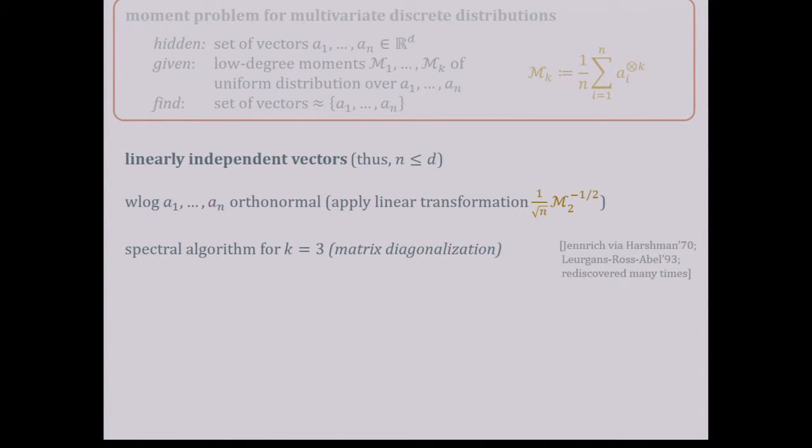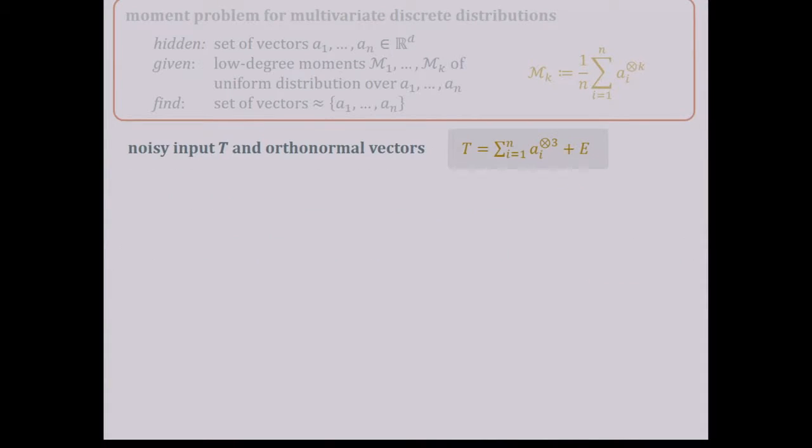And in this case, you can solve the problem as well as you could hope for. It turns out that the first 3 moments are indeed enough. There's a very simple spectral algorithm based on diagonalizing matrices. It's a really nice algorithm. I will explain it later in the talk because we will use it as a subroutine.